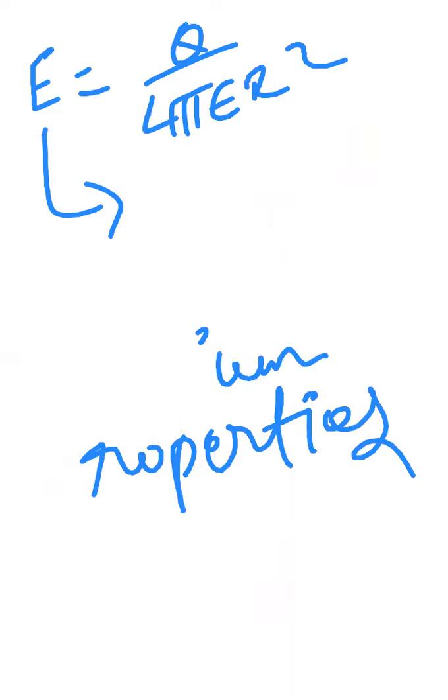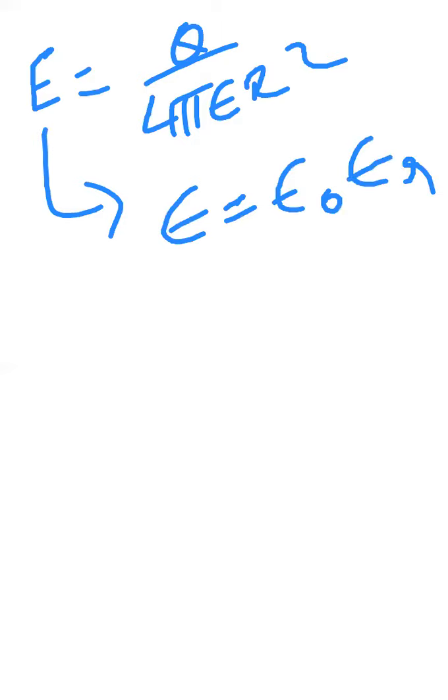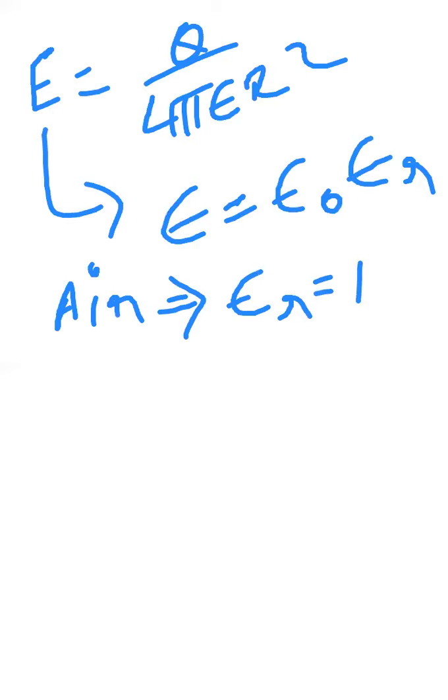Now see the epsilon value for air. Generally, epsilon can be expressed as epsilon naught and epsilon r. For air, epsilon r is equal to 1. Simply for air, you will get epsilon naught.